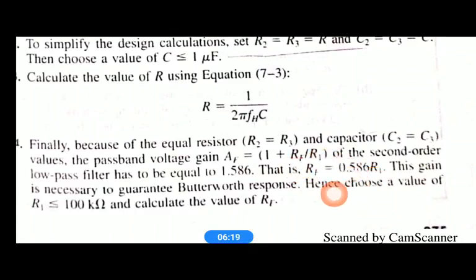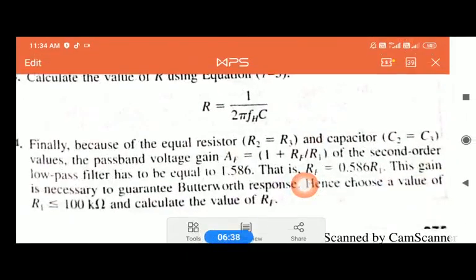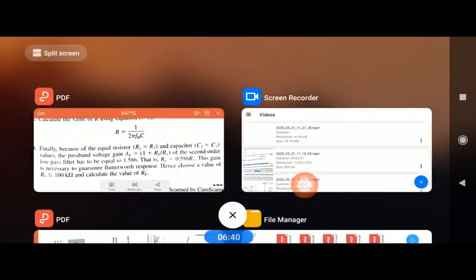While you are designing, you select RF equal to 0.586 of R1. So you need to select R1 some value which should be less than 100K and calculate RF, right? In this way you need to design the high pass filter also.